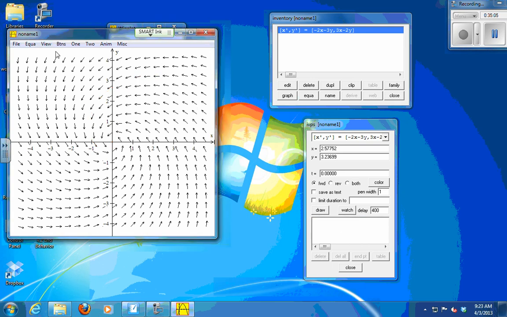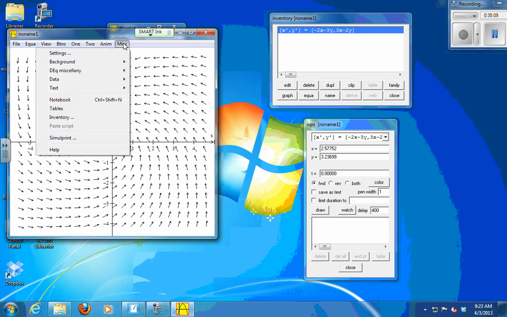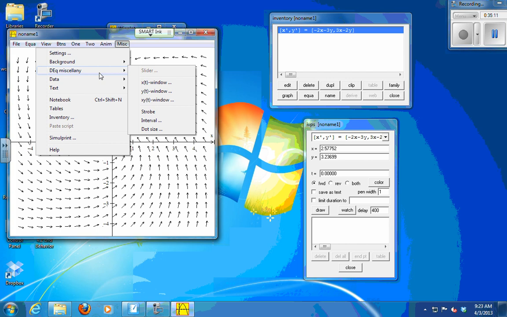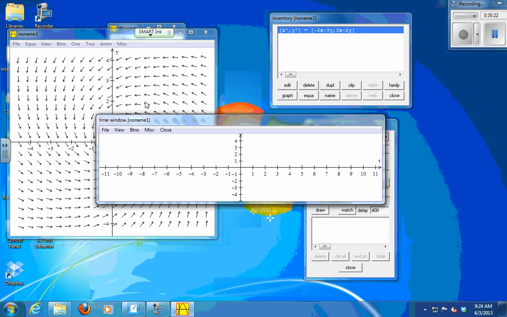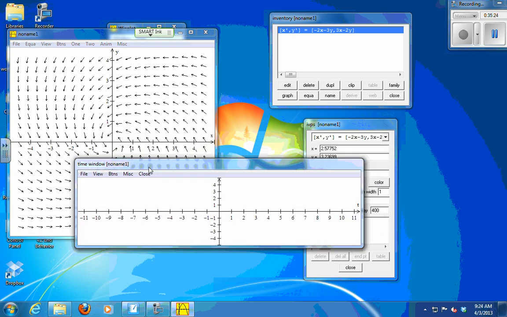So I'm going to delete that for a second. And then if you go to, I think it was in miscellaneous, differential equations miscellaneous, look at the x, y of t window. So this is going to graph on the same set of axes, x of t and y of t. So you open that, and you get this.